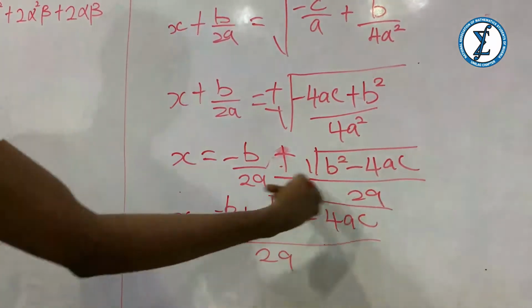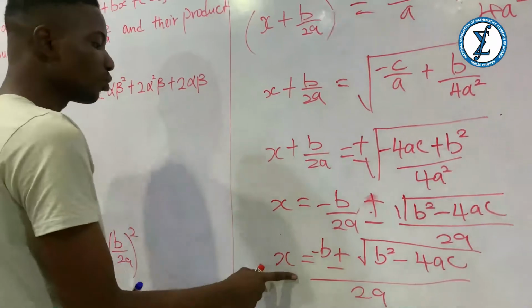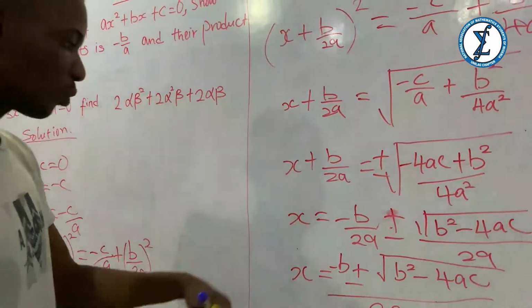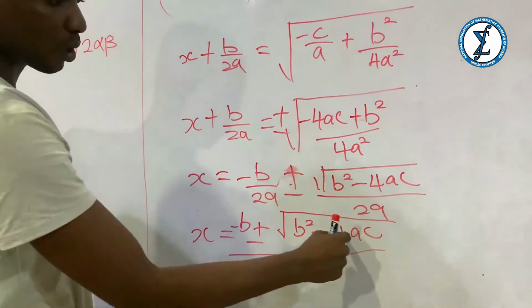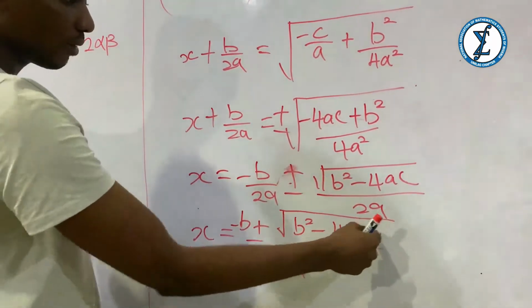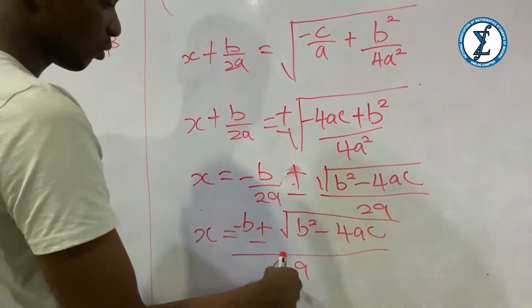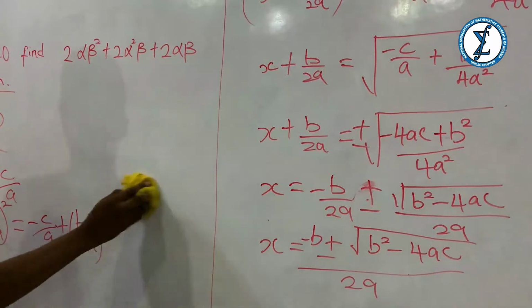We use this as the LCM to give us this. So we've gotten the roots of the equation, which are these two answers: minus b plus the square root of b squared minus 4ac over 2a, and minus b minus the square root of b squared minus 4ac over 2a.